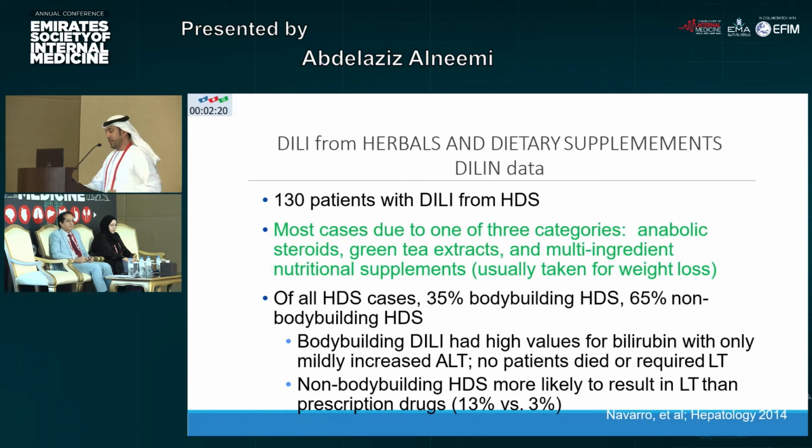Of the herbal and dietary supplement cases, 35% were bodybuilders and 65% were non-bodybuilders. In bodybuilders, DILI had high bilirubin with only mildly increased ALT. No patient died or required liver transplantation. Non-bodybuilders were more likely to result in liver transplant than prescription drugs.